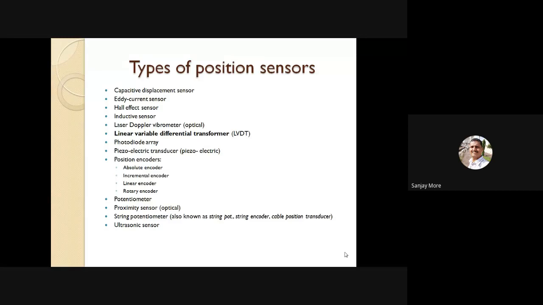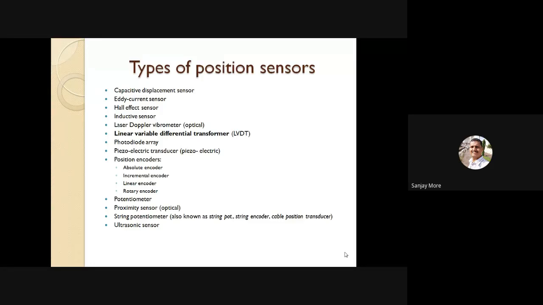Next, inductive sensor. Next, laser Doppler vibrometer, in bracket optical.